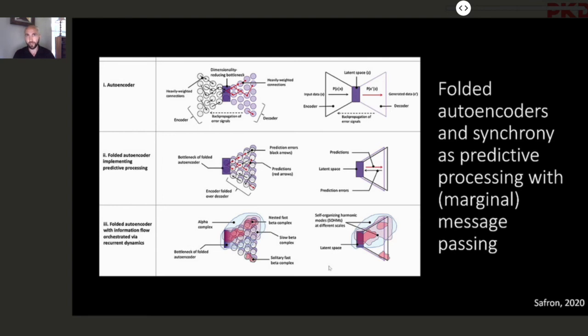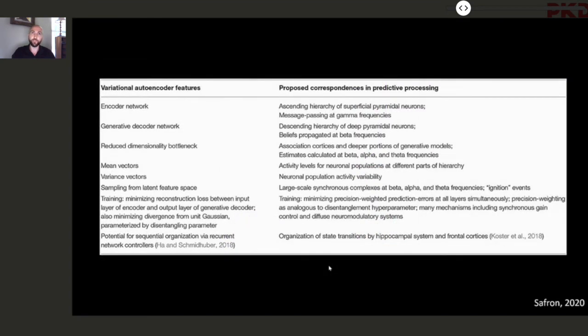Similar to Kanai's recent proposal, I describe how if you take a variational autoencoder and fold it over at its reduced dimensionality bottleneck, entailing a latent feature space, this folded autoencoder, if the generative decoder is continuously explaining away the inputs of the ascending stream of the encoding network, could be an account of predictive processing. And I further describe how synchronous complexes might be thought of as entailing a marginal message passing regime. And I try to go into some details in fleshing this out.